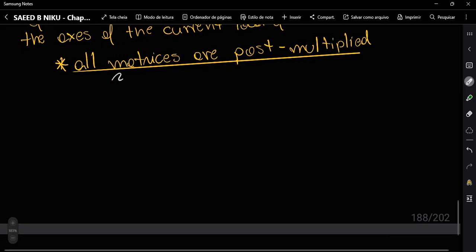So let's see. First, the transformation equation. Again, the DH transformation.